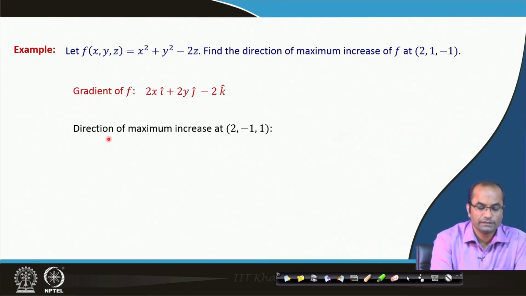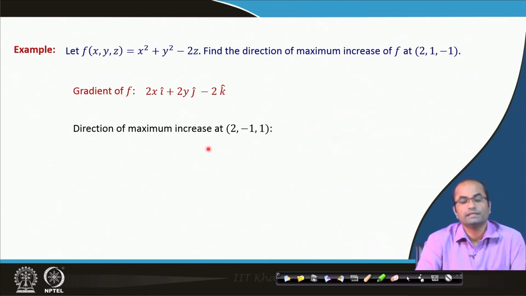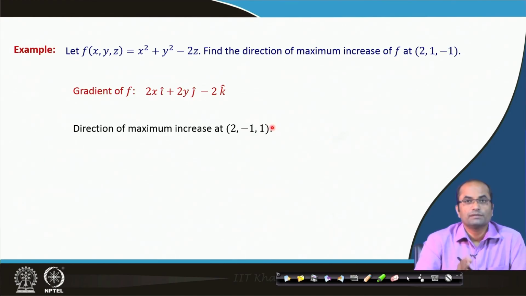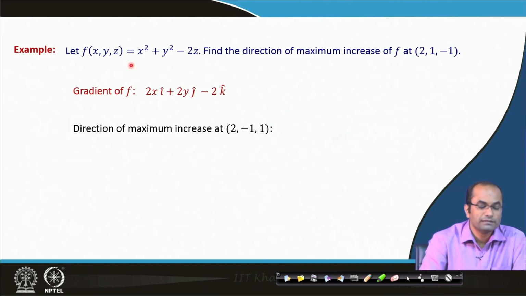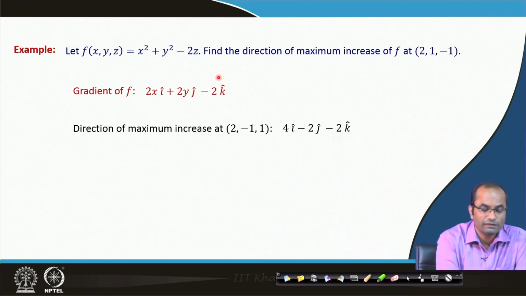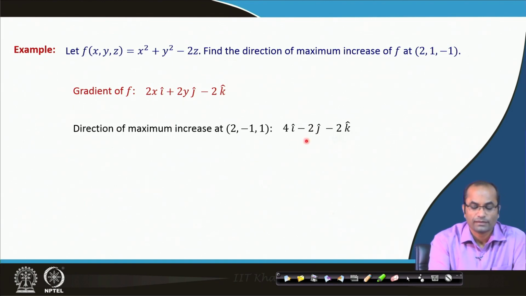What do we need? We need the direction of maximum increase at this point. So, the direction for the maximum increase will be given exactly by the direction of the gradient of f. So, we will evaluate the gradient of f at this point. That means we have 2 into 2, so that is 4i, then we have minus 2j, and then we have here the minus 2k.